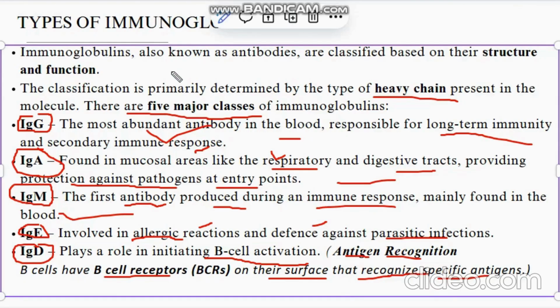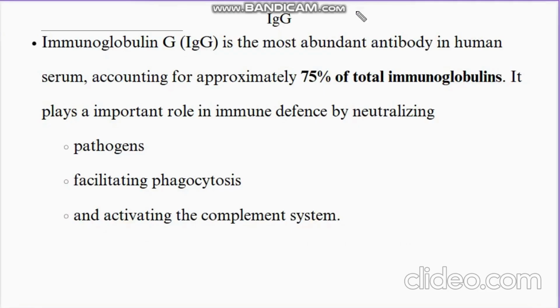So these are the five main classes of antibodies, that is IgG, IgA, IgM, IgE and IgD. Let us discuss these antibodies one by one. The first one is IgG antibodies.